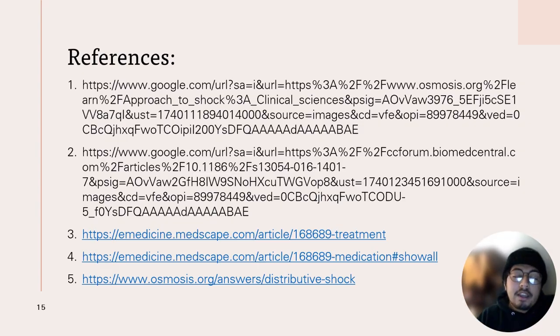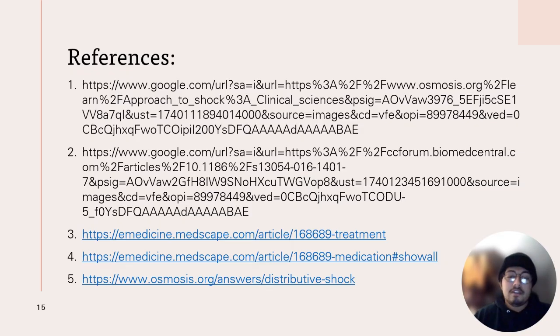But for a quick summary, we learned about distributive shock and how there are two different kinds. We have septic shock, or an inflammatory response shock. For sepsis, there are two types as well, early and late, both being drastically different in the way they present clinically, along with inflammatory responses. You will also see an anaphylactic response.